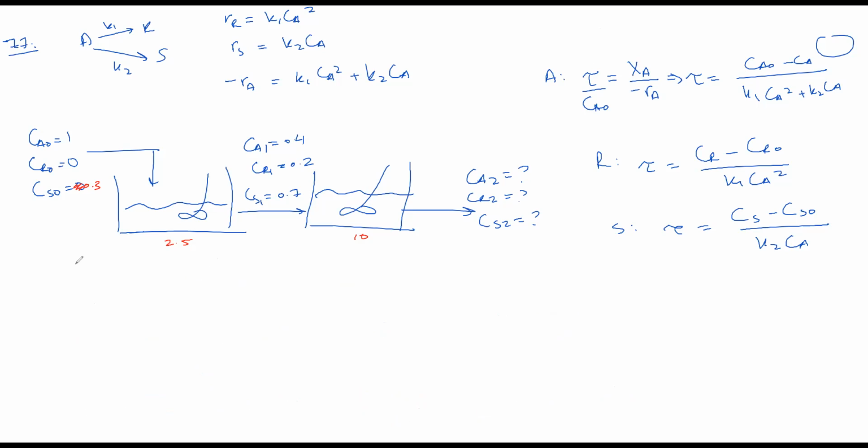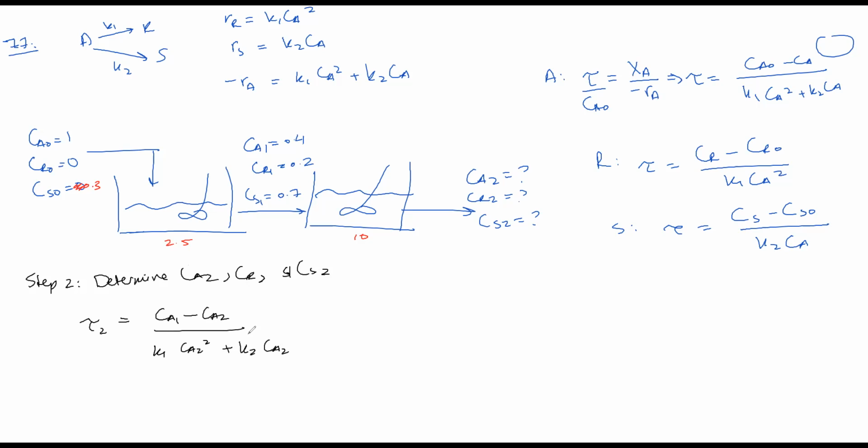Okay, so step 2 will be to determine CA2, CR2, and CS2. So let's look at tau2 in this case for species A. The tau2 will be CA1 minus CA2 divided by K1 CA2 squared plus K2 CA2, right?